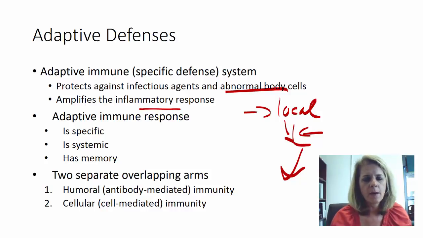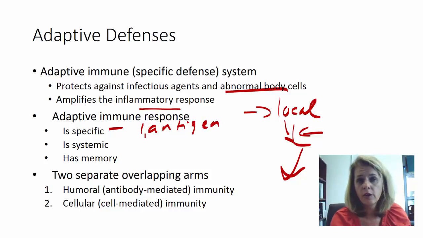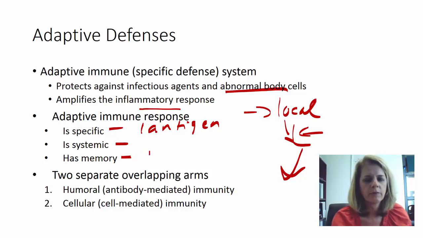When we talk about the adaptive immune response, it's specific. One specific antigen is going to cause this to turn on, and we'll talk about how that works. It's systemic. Your entire body is involved with this, and it has memory. This is important when we talk about vaccines. If you haven't had microbiology yet, and if you're in nursing and you're going to take microbiology, you'll go into this in a whole lot more detail.